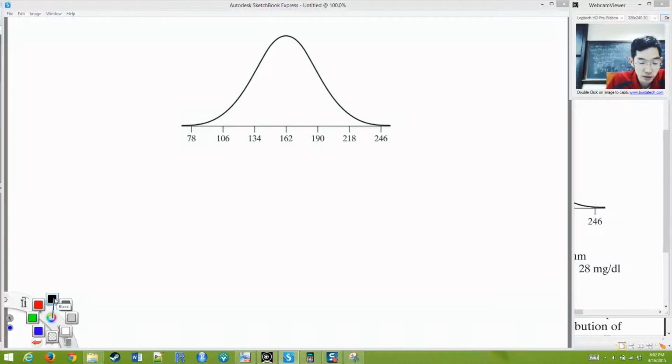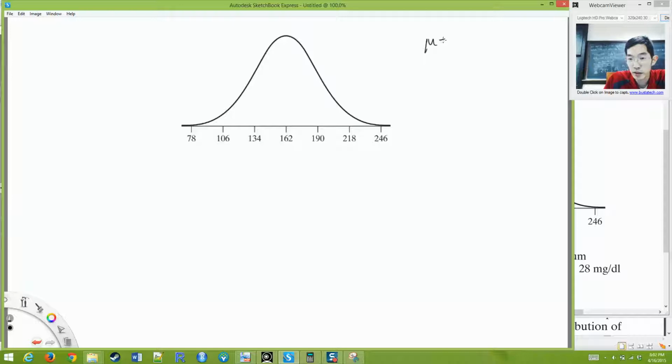All right, so we previously said the mean here is 162, and the standard deviation is 28. Okay, so we have this nice little picture here, and so right in the middle, we put 162. Mu goes right in the middle, so in the middle, we put the mean 162. 162 plus 28 is equal to 190.